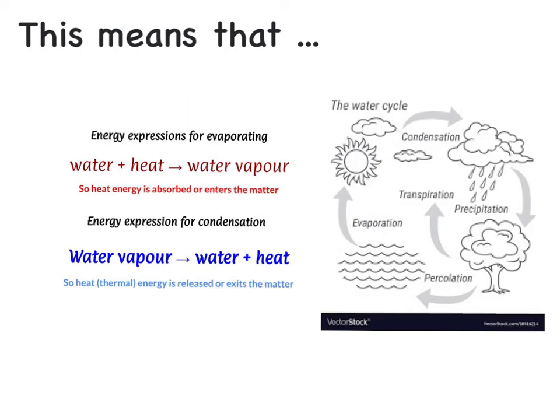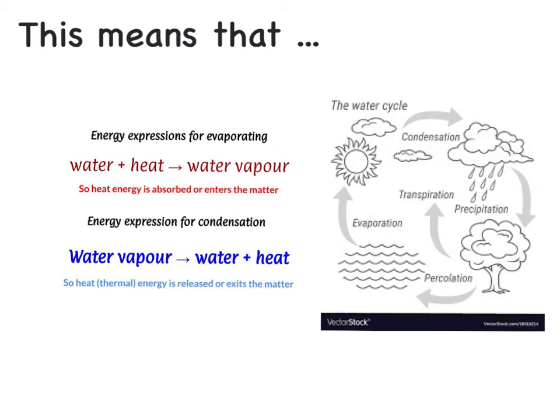Now, as we can see up here, water can then be condensed so that energy is released back into the air, or released back into our environment. When we actually form rain, this expression would happen, and we'd have heat being released. So it is really, really important for us to think about this.